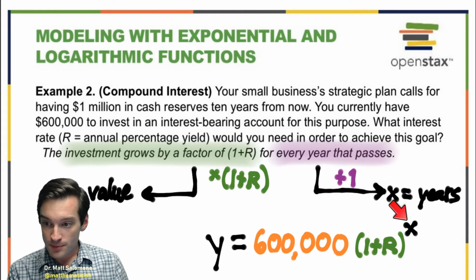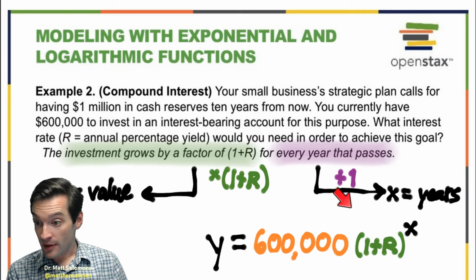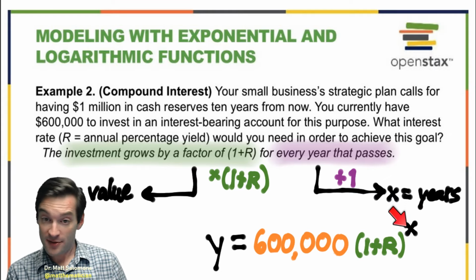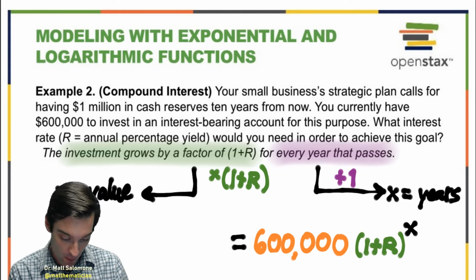Well, what I know is I know that I want my amount in my account to be $1 million. And I want that to happen after a total of 10 years have passed. So this is kind of an interesting example because I know a value for y, and I also know a value for x. So my y is $1 million.